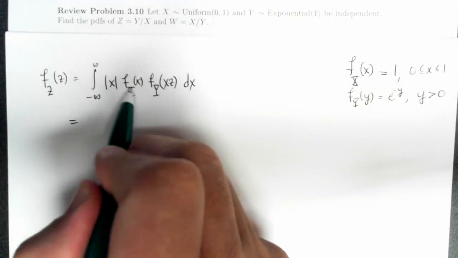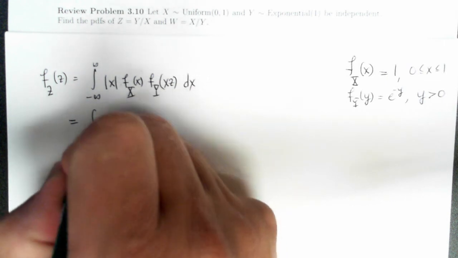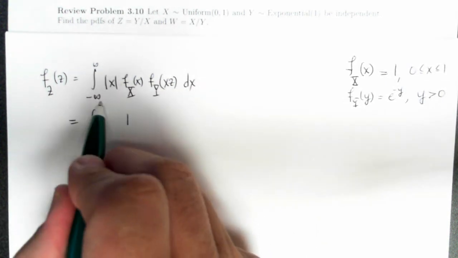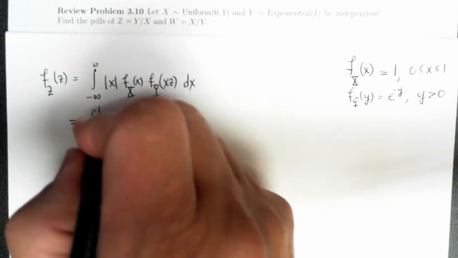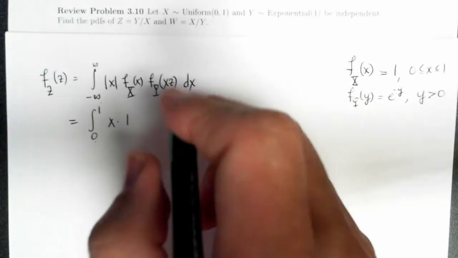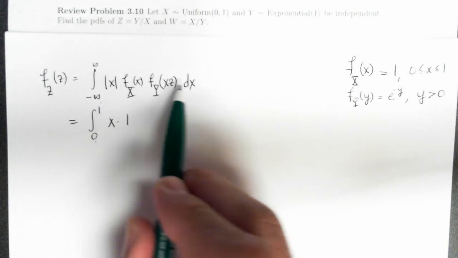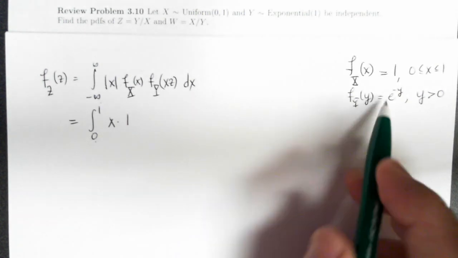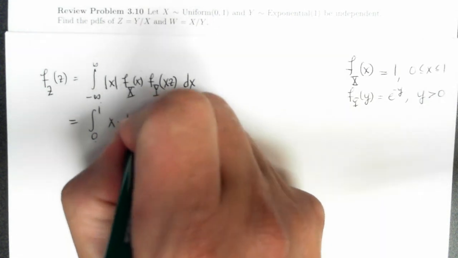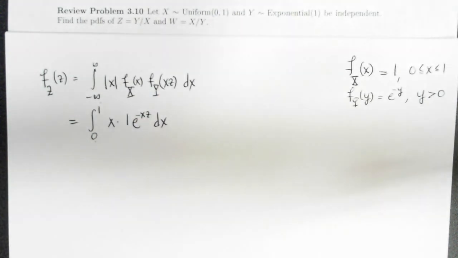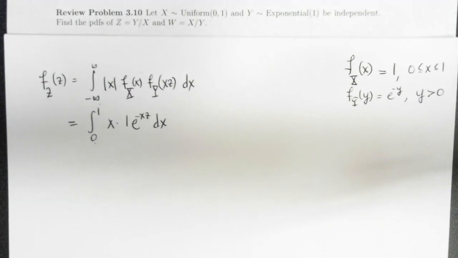So for this part here to be anything other than 0, x has to be between 0 and 1. If x is between 0 and 1, then the absolute value of x is equal to x. And then I evaluate the PDF at y, evaluated x times z. So if it's e to the negative y, here I'll have e to the negative x times z dx. And then everything else is simply calculus to figure out the value of this integral.